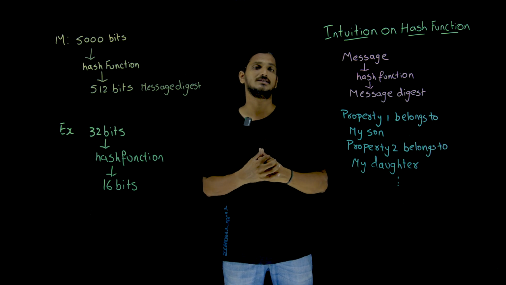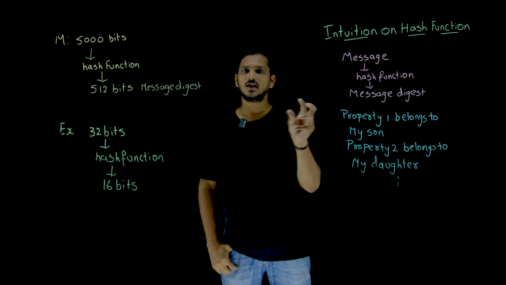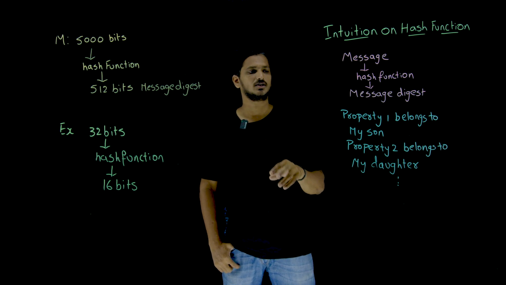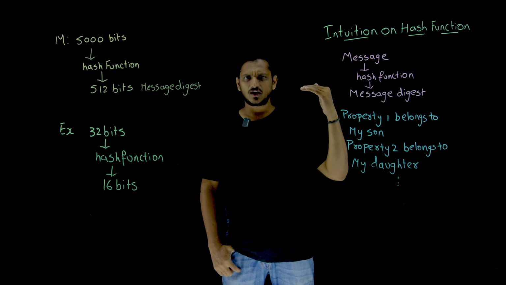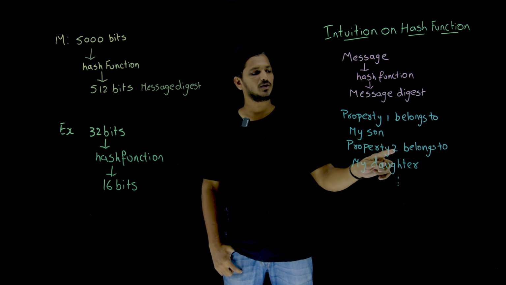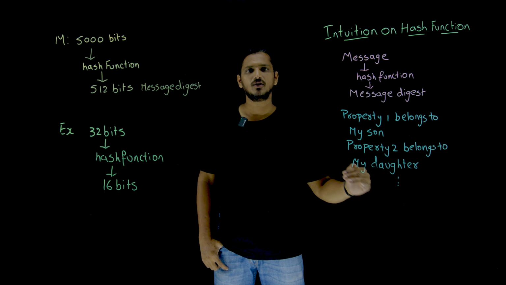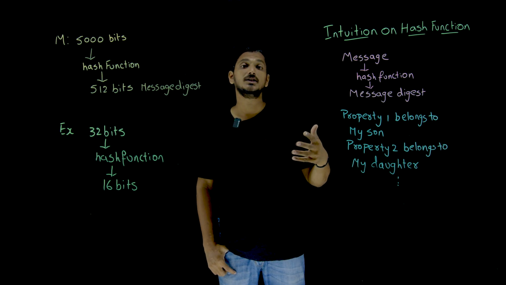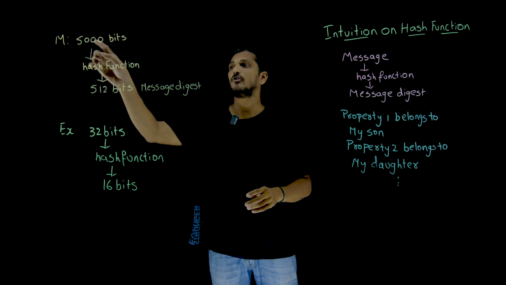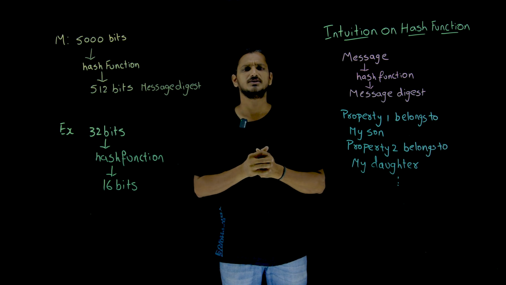Let's take an example, the same example we considered last class. You have written a will for your property: property 1 belongs to my son, property 2 belongs to my daughter. Assume this will is of size 5000 bits. Is it compulsory to get 5000 bits?